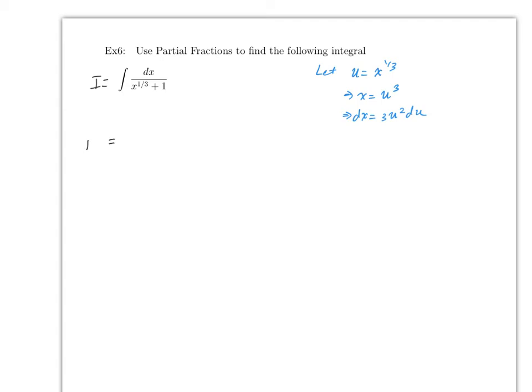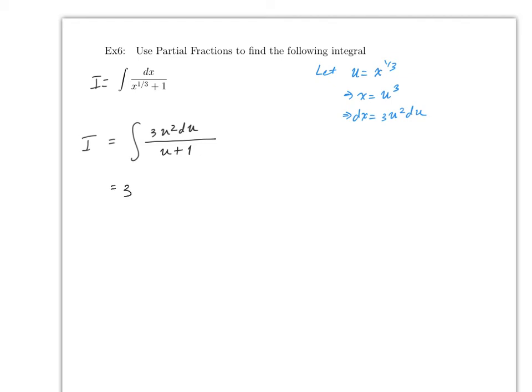So I is going to be the integral of dx, which is 3u squared du, which is this part, and then this will be now u plus 1. Now, like I just told you in the previous example, notice that the top is bigger than the bottom, so you have to do long division.